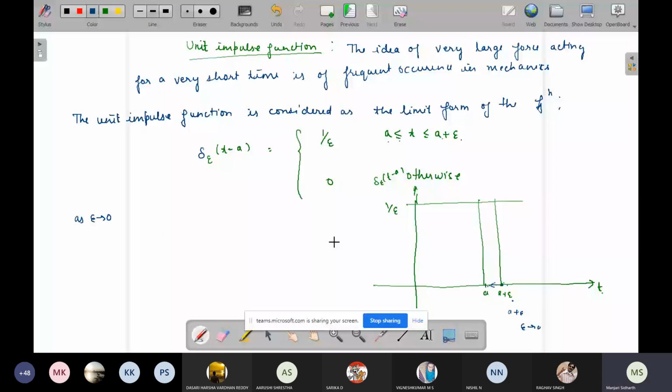The height of the strip increases indefinitely and the width decreases.